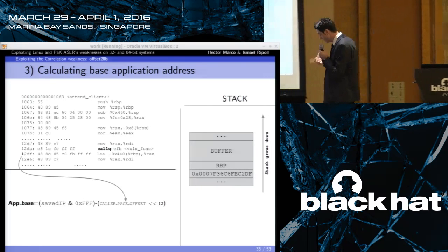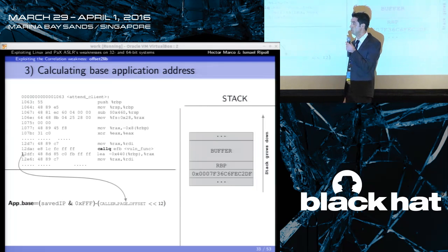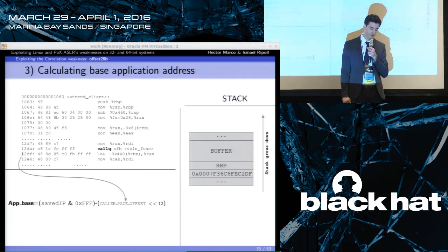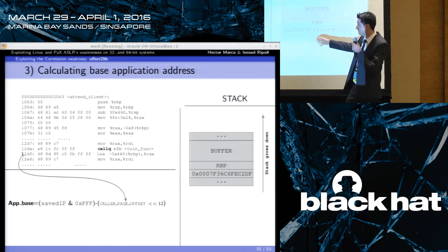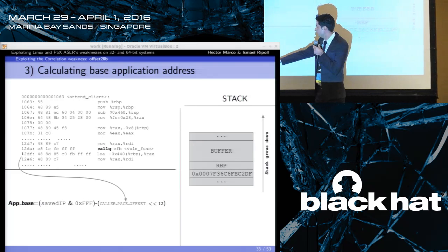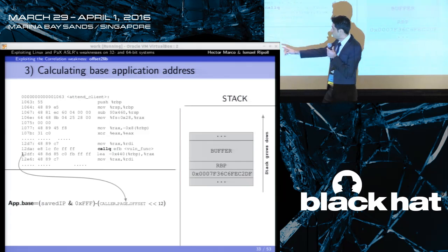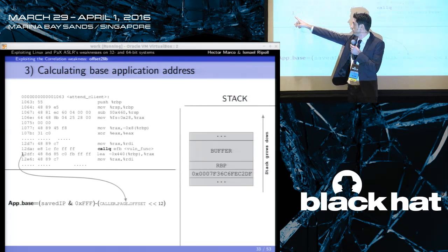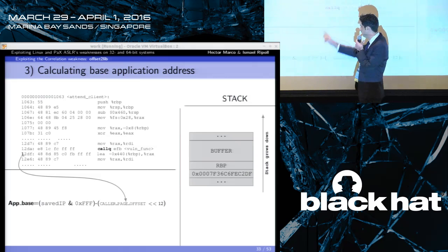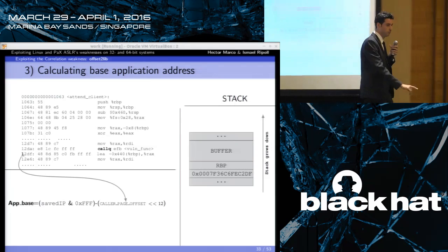The only trick here, maybe you know the blind attack, uses a similar strategy to ours, but I think they forgot to adjust the text base area. So we need to know the offset from the executable where the call is made in order to adjust the application base in memory. Okay, maybe it's a little bit tricky.